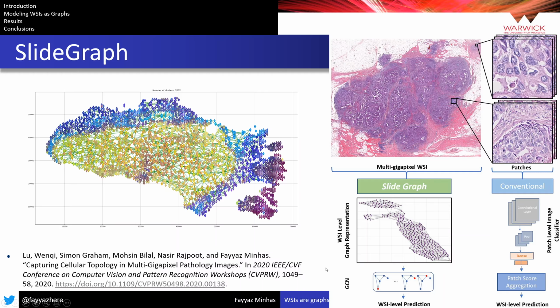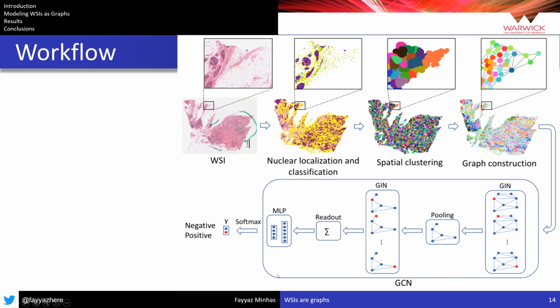So this work was published in a CVPR workshop earlier this year, and what it essentially does is that it takes a whole slide image. For each region in the whole slide image, we identify different types of nuclei within that region, and then we cluster those regions based on how similar their nuclear profiles are. So if the same type of nuclei occur in two different regions, then we classify those regions to be similar, and if they are closer together, we cluster them.